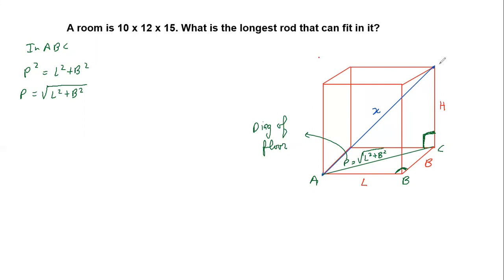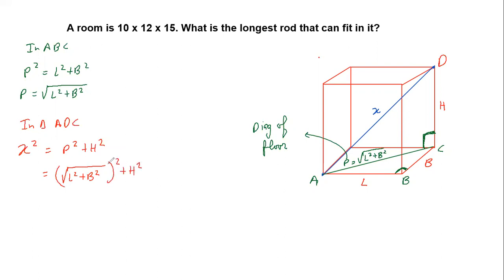Let's say this point is D. So basically I can say in triangle ADC, I hope you are able to visualize this, ADC, again applying the Pythagoras theorem. This time X square, which is behaving as hypotenuse, will be equal to P square plus H square. Now what is P? I already know the value of P. That is under root L square plus B square, whole square, plus H square.